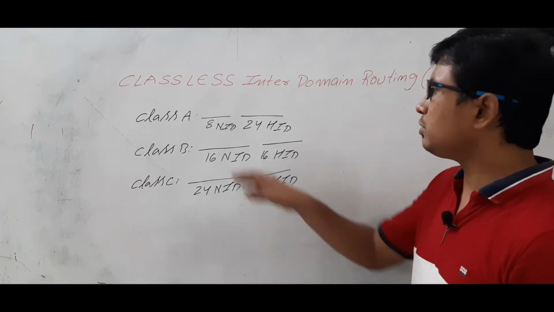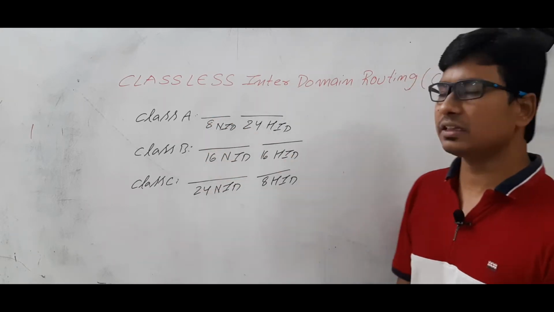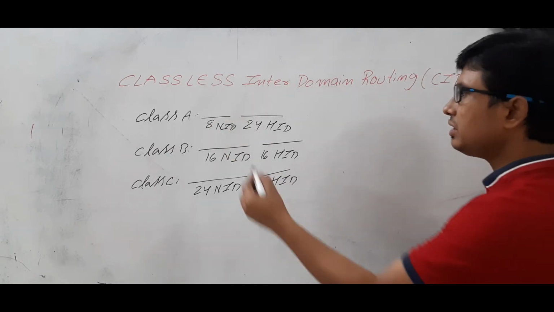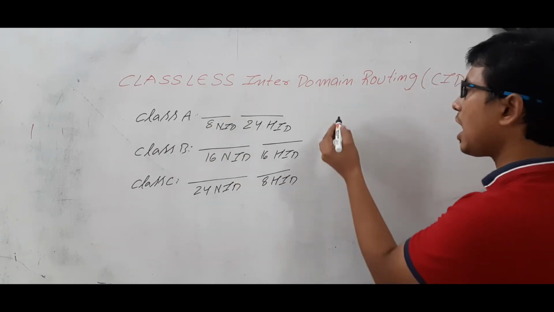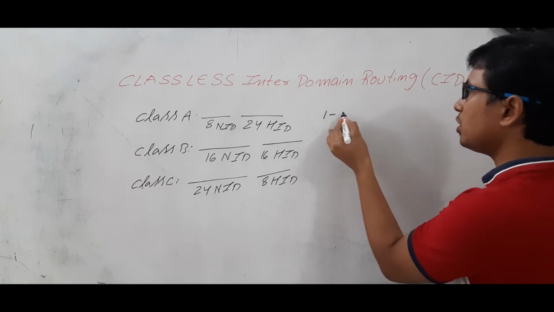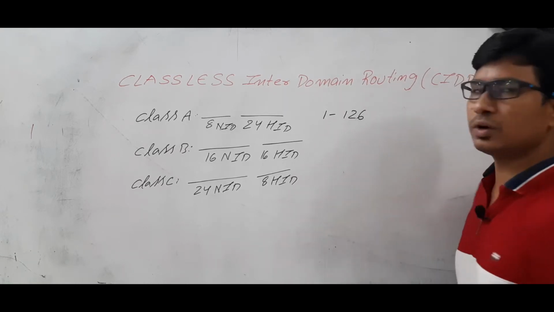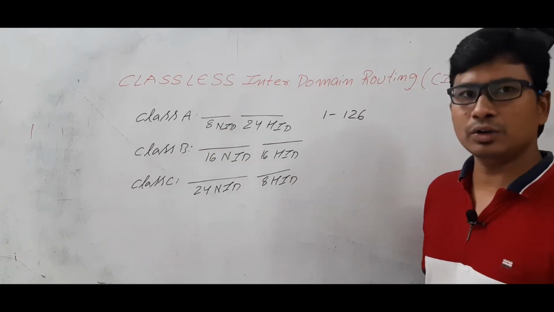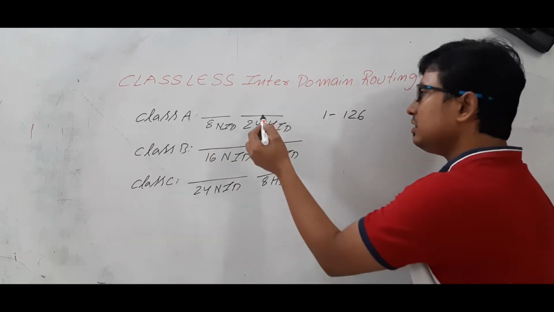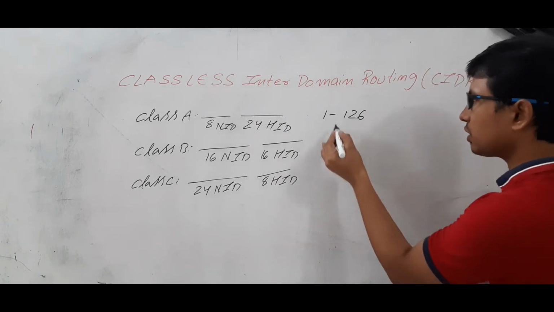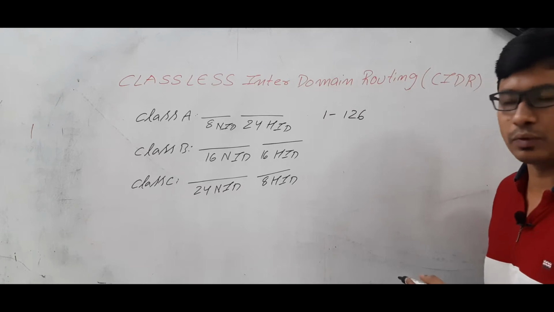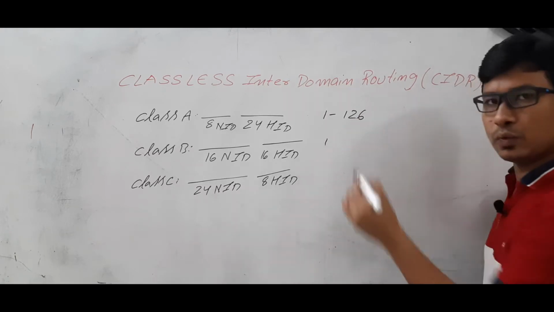Now, if we divide like this, what will happen? Come to class A. In class A, you can have networks from 1 to 126. Totally you will have 126 networks. Are you able to understand it or not? Take one network out of these 126 networks.